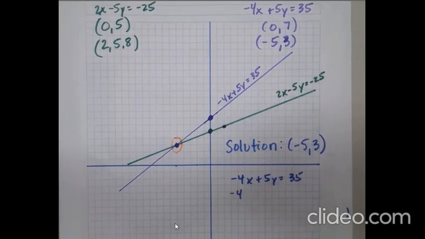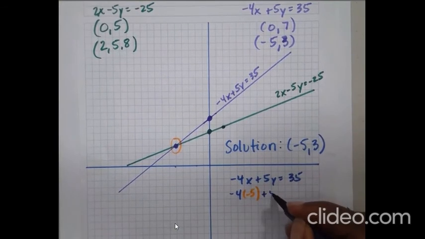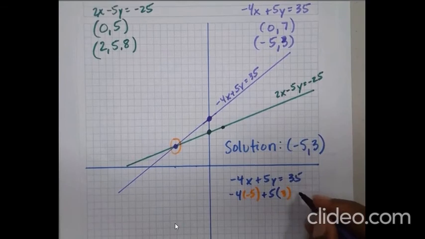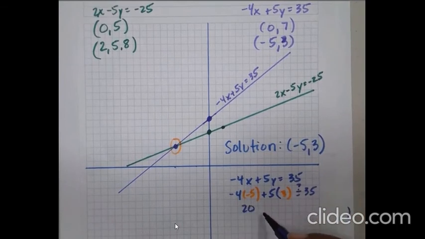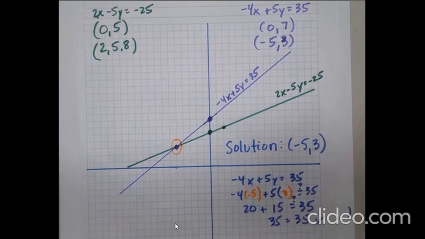We've got -4 times -5 plus 5 times 3. Does that equal 35? We'll see. 20 plus 15 equals 35. I'm thinking, yes, it does. 35 does equal 35. So this one is true on this side.